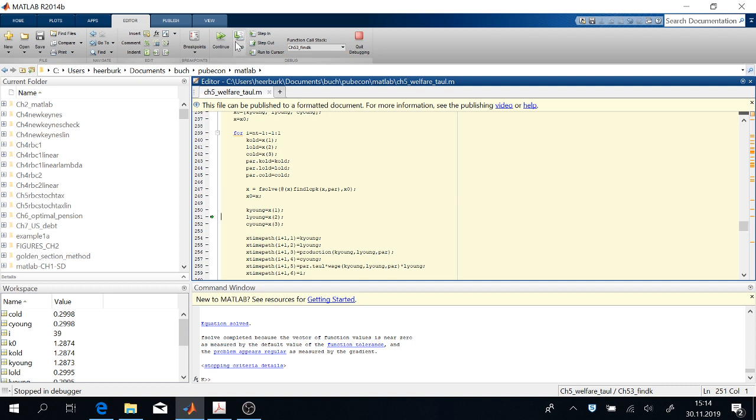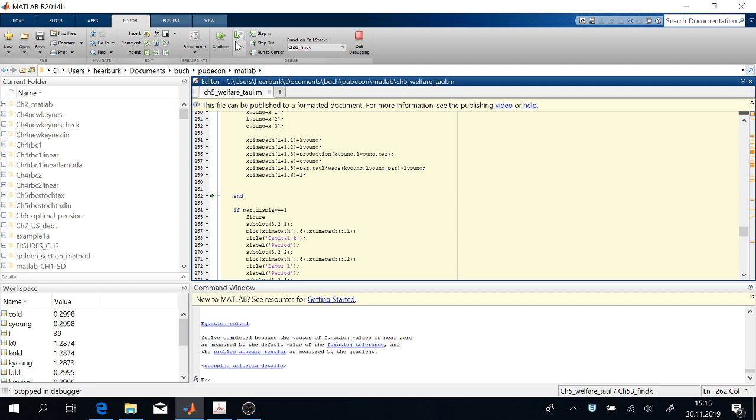We store these values in X time path and assign the variables K young, L young, C young in iteration T to K old, L old, C old in period T minus 1. And we continue to do so until we have found the whole transition.